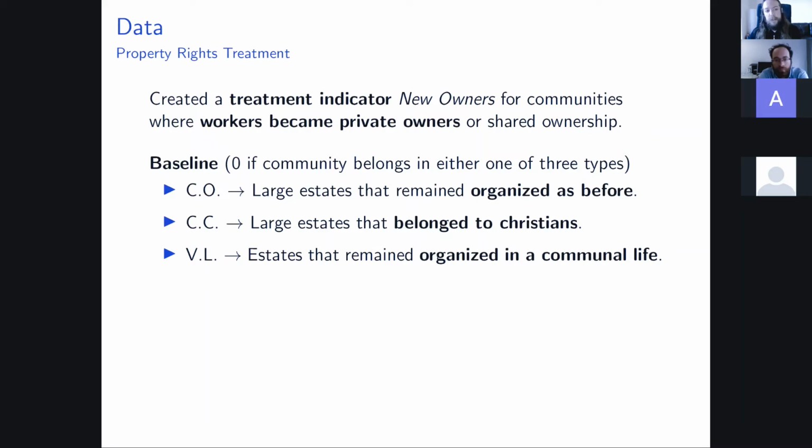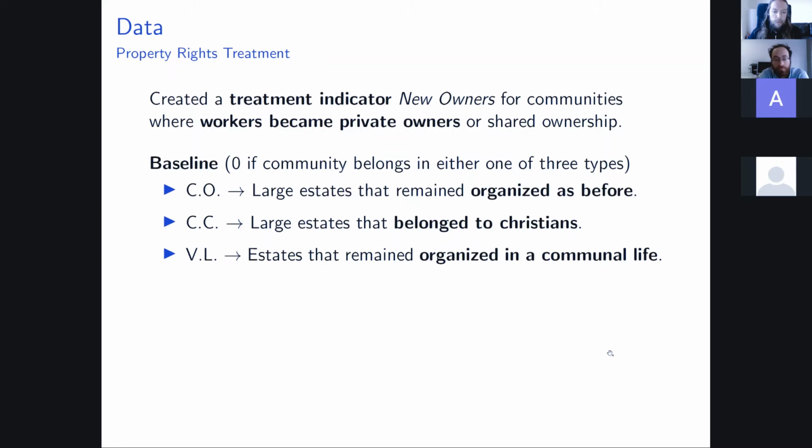So either the states that remained organized as before, so the Ottoman ones, or larger states that belong to Christians. And similarly, the states that remained organized in a communal life. So in practice, you can think of them as the places where things didn't change that much, in the sense that they were not related to ownership for the first time.